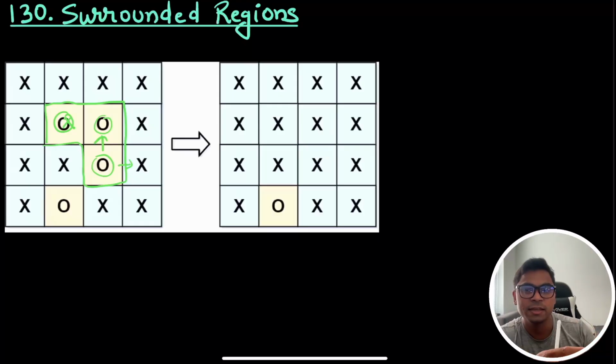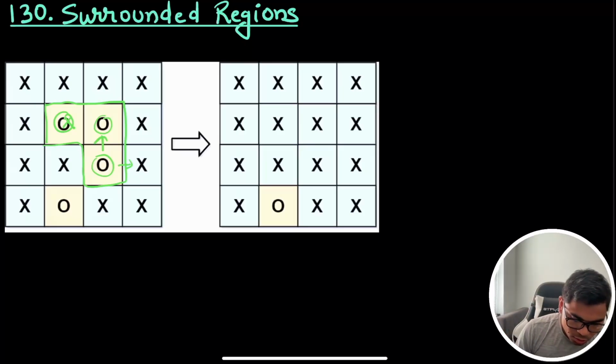That's because if it's a border cell, the side that is the border cannot be surrounded by X's because there will be no value present. So that's one way of checking it.